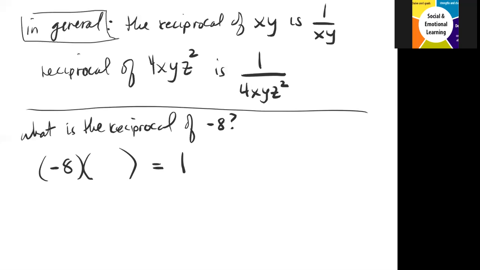One over -8. That's a pretty good suggestion. Let's see what we get here.